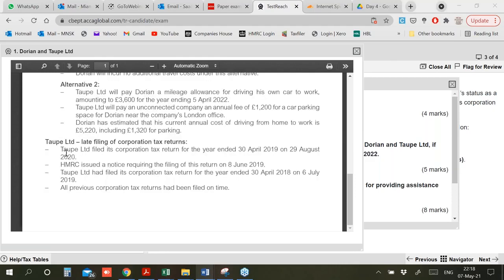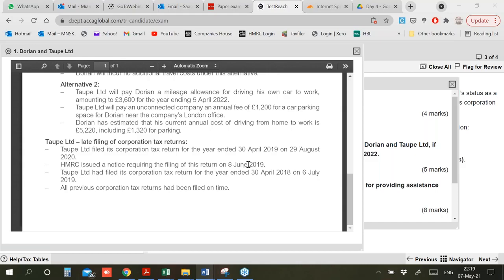Now, lastly, about the late returns. T filed the corporation tax returns for the year ended 30th April 2019 on 29 August 2020. So guys, they filed this tax return after 1 year of the date. For 30th April 2019, they must have submitted by 30th April 2020, and they have submitted after that.